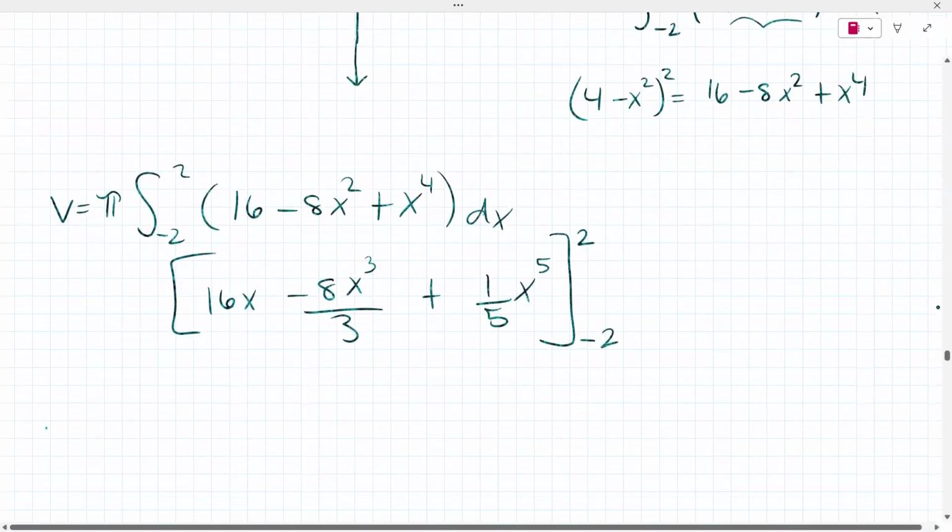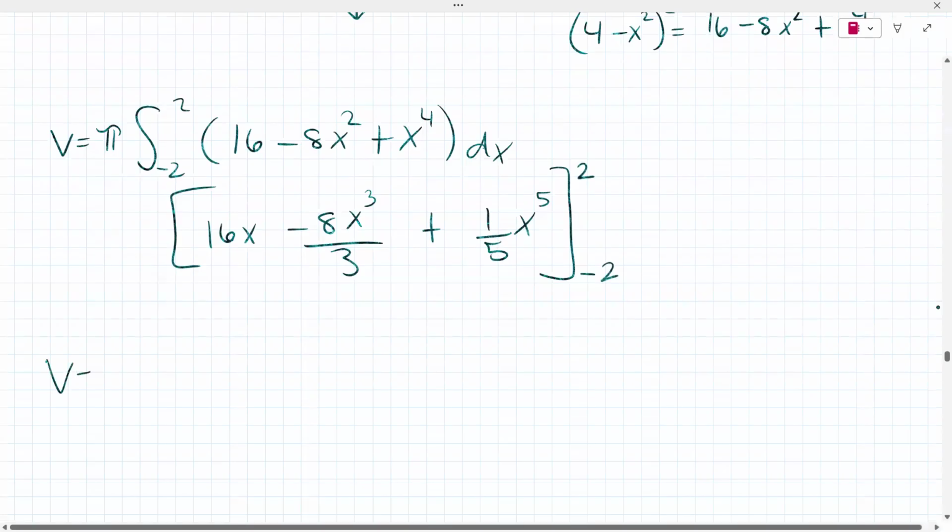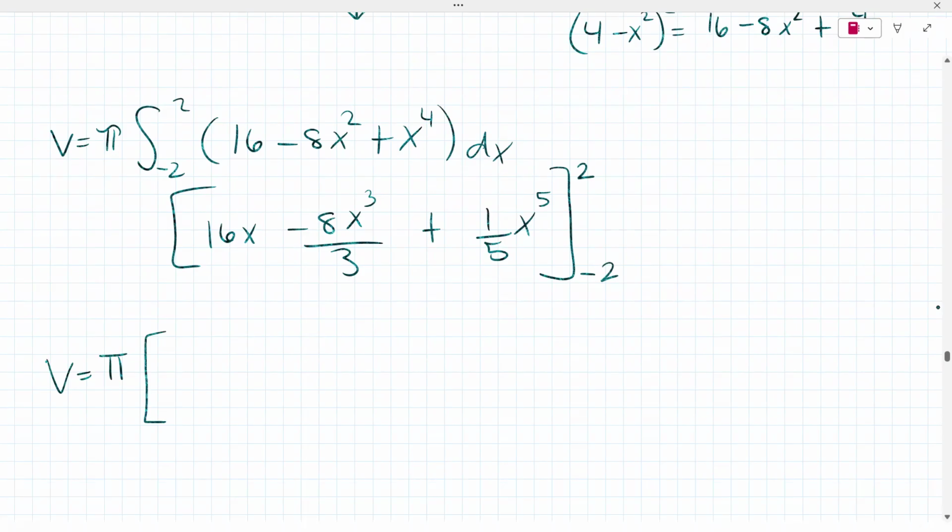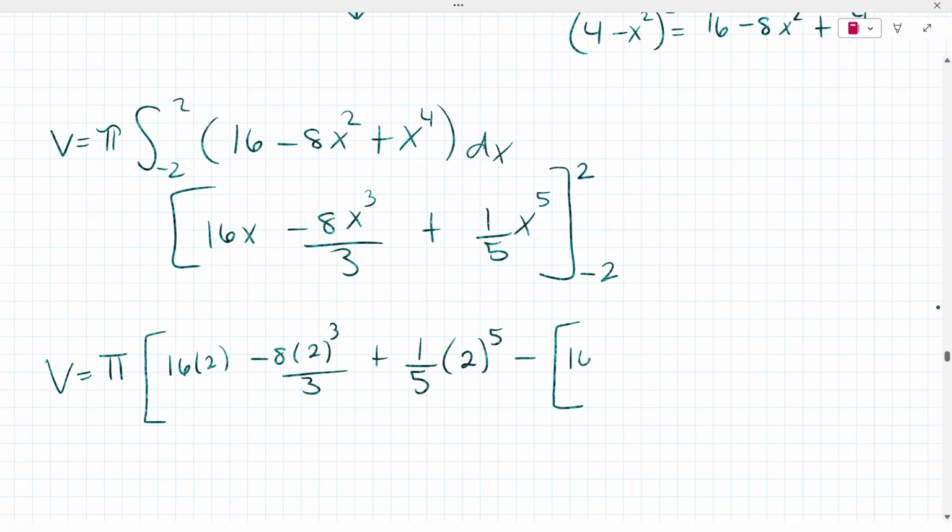So that is going to be volume equals pi times, well, that's 16 times 2 minus 8 times 2 cubed over 3 plus 1/5 times 2 to the 5th, minus bracket, and then replace your x with -2.